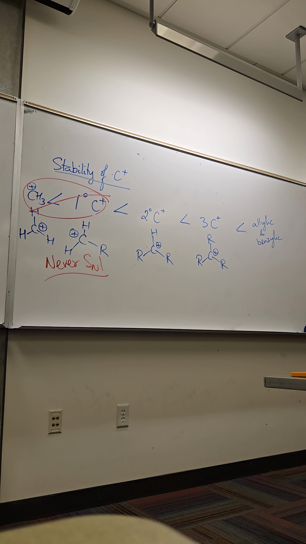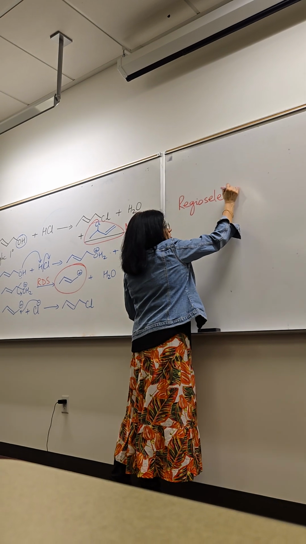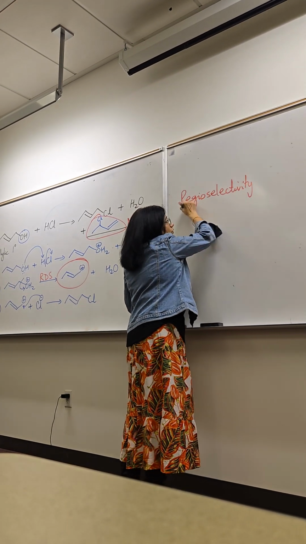Yeah. So now can you tell me which will be the major product? The 1 or 2? 2. Why? Secondary carbocation. So the major product, this is regioselectivity. In an SN1 reaction, there is a matter of regioselectivity, especially if there's resonance involved.